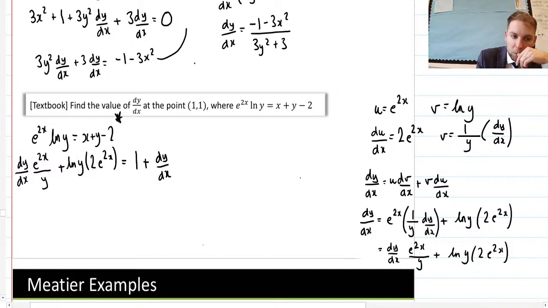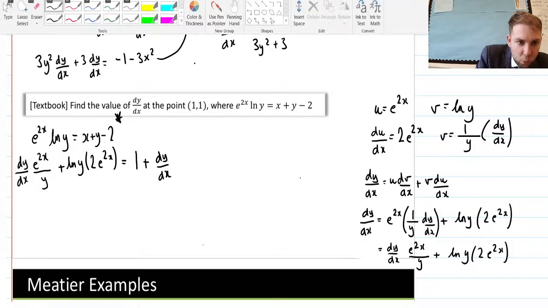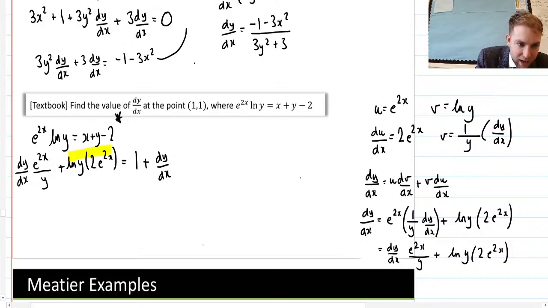So, the next thing I need to do is to make dy by dx the subject. Now, I do that by taking everything over to one side, taking everything over to the other. Now, I probably would as well just simplify inside this. I'd probably write it in a slightly different way. I'd probably write 2e to the 2x ln y, but that's okay. So let's do that now.